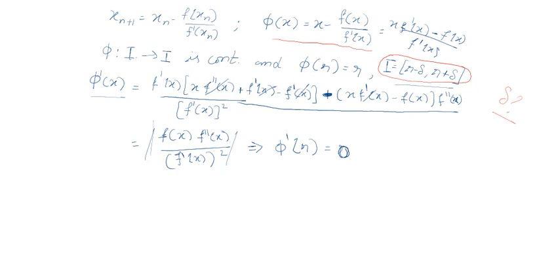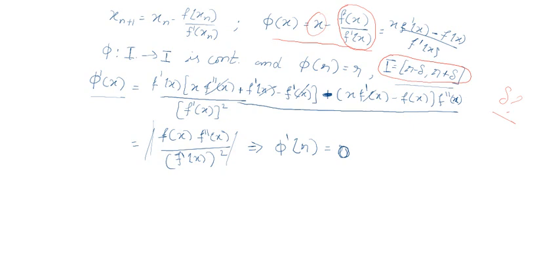Then phi from I to I is continuous, since it is the sum of two continuous functions. The first function is a polynomial. The other is a rational function whose numerator and denominator are both continuous and non-zero in the interval I, because f dash of R is non-zero, and by the continuity of f dash it remains non-zero in a neighborhood of R.